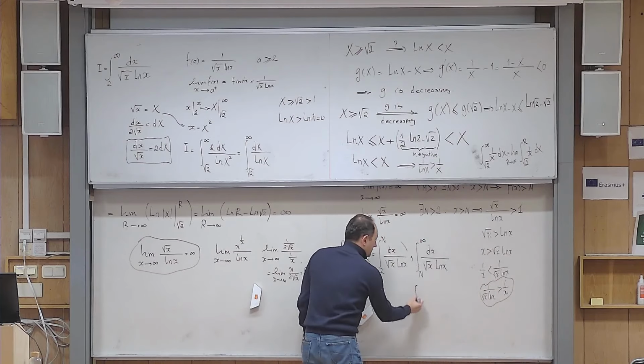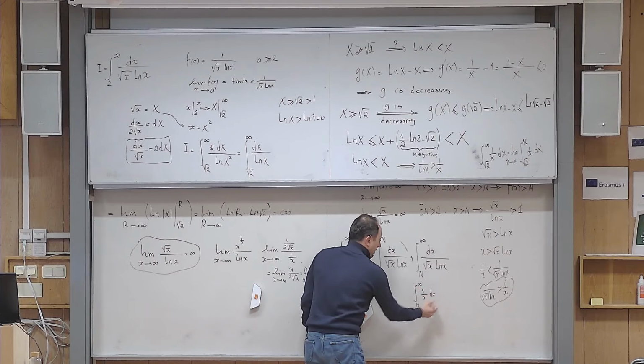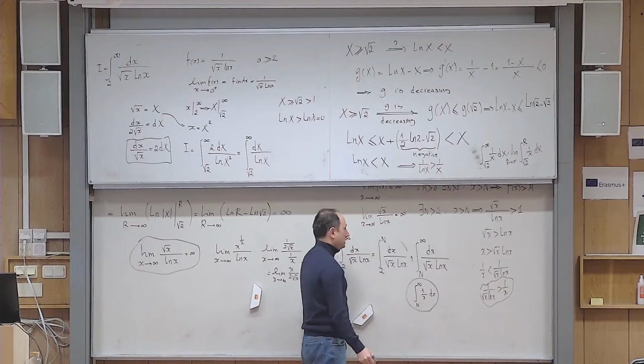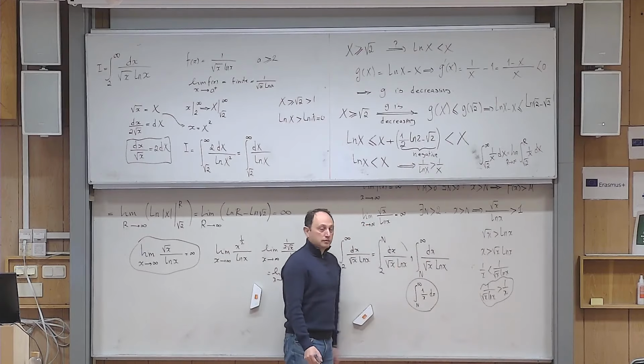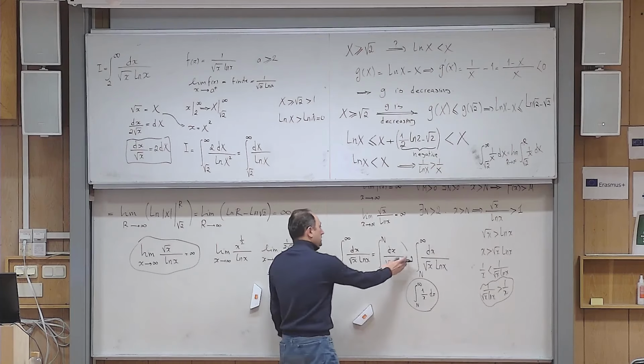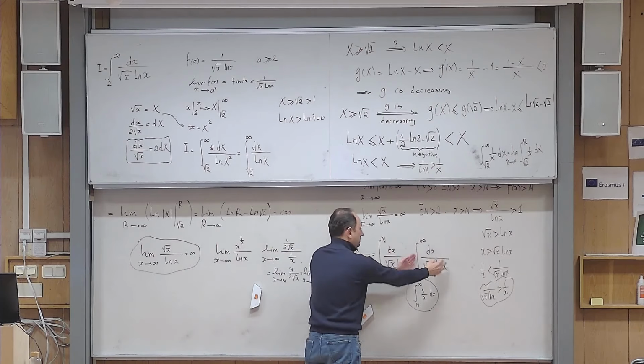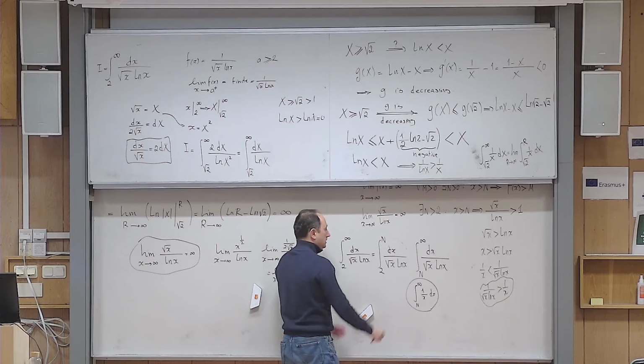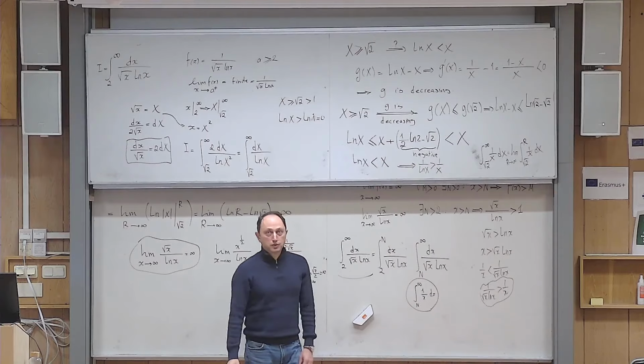But the integral from n to infinity of 1 over x dx diverges to infinity, so does this integral. Because this part is infinite and the other part is finite, the original integral diverges to infinity.